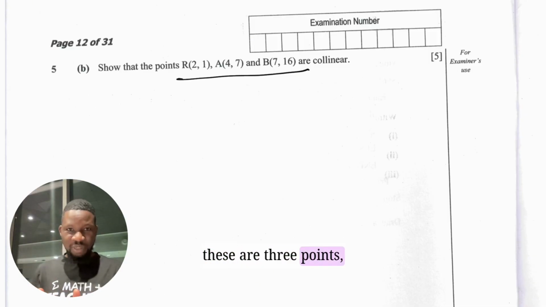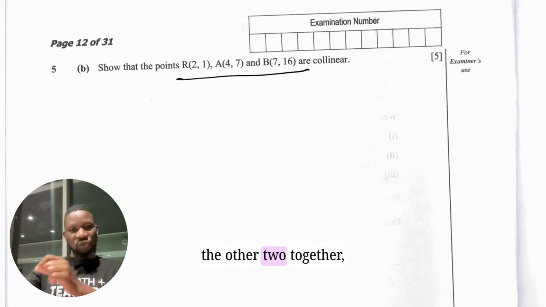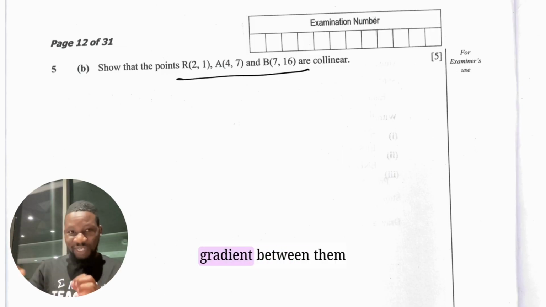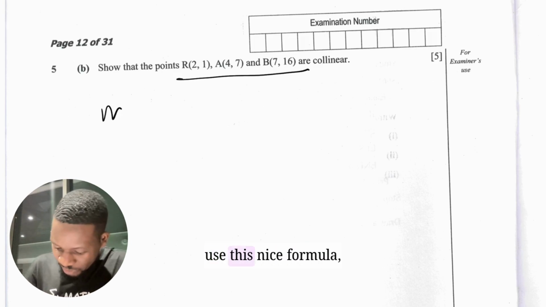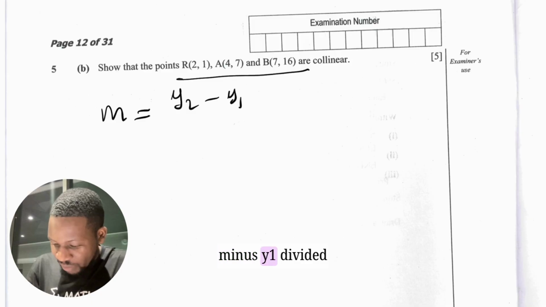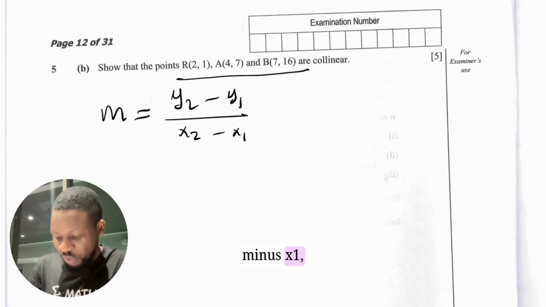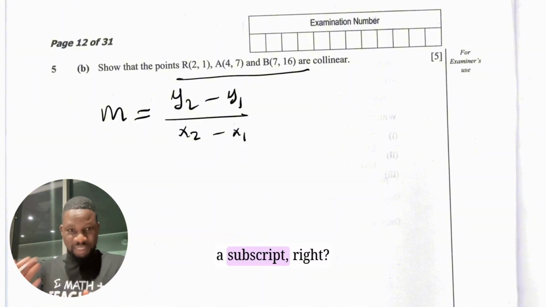Remember, these are 3 points, meaning that you can connect two lines together and the other two together. So the gradient between them should be the same. We are going to use this nice formula: M is y2 minus y1 divided by x2 minus x1. Now I will use a subscript.